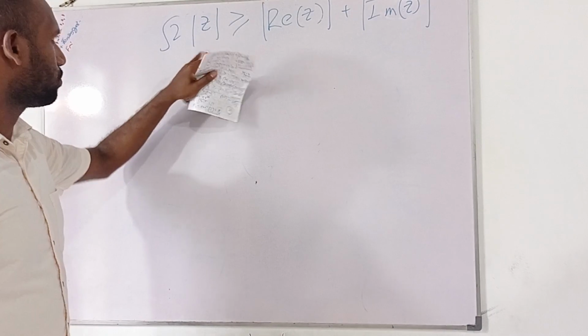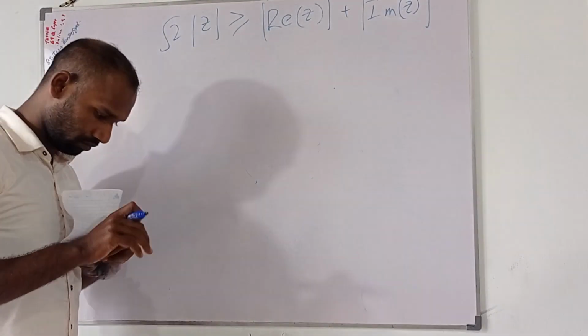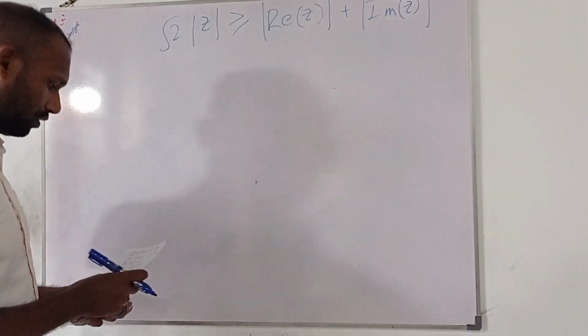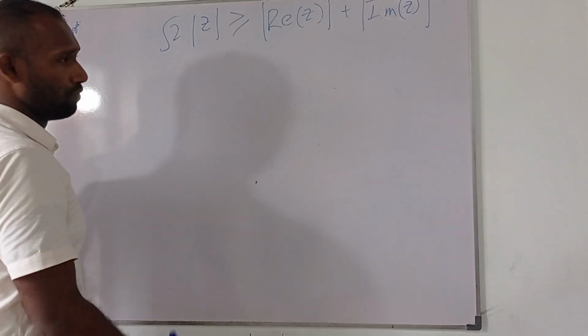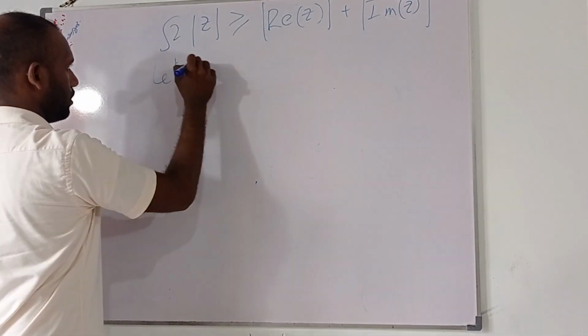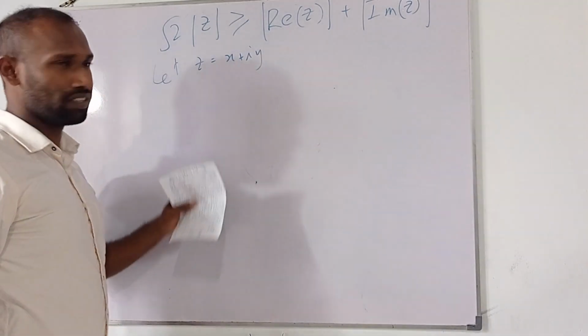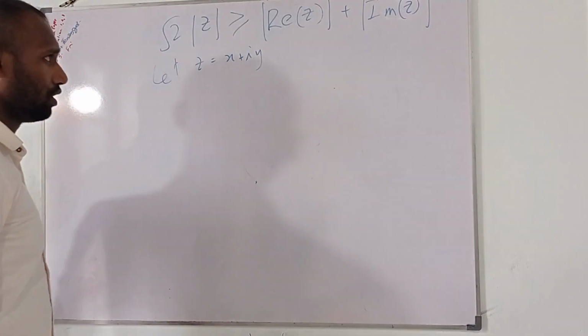So how to prove this inequality? Think first. First, let us take z equals x plus iy.